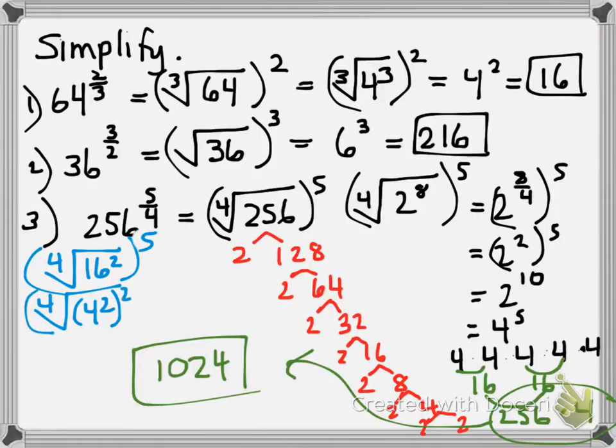And this would have been 4 squared squared, which would have been the fourth root of 4 to the 4th power, which is 4 to the 5th power. Okay? So again, you should recognize your perfect squares. There is no reason that you, at this grade, cannot memorize some numbers. And the more you memorize, the less time it's going to take you to get to an answer.